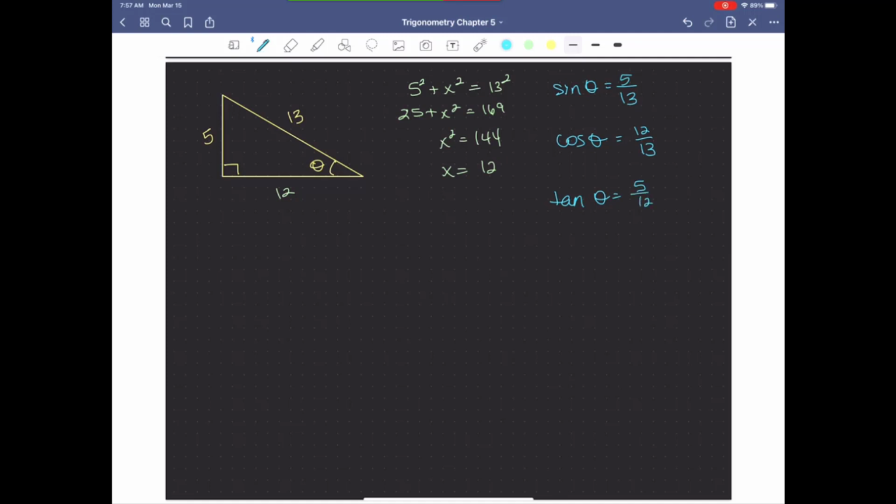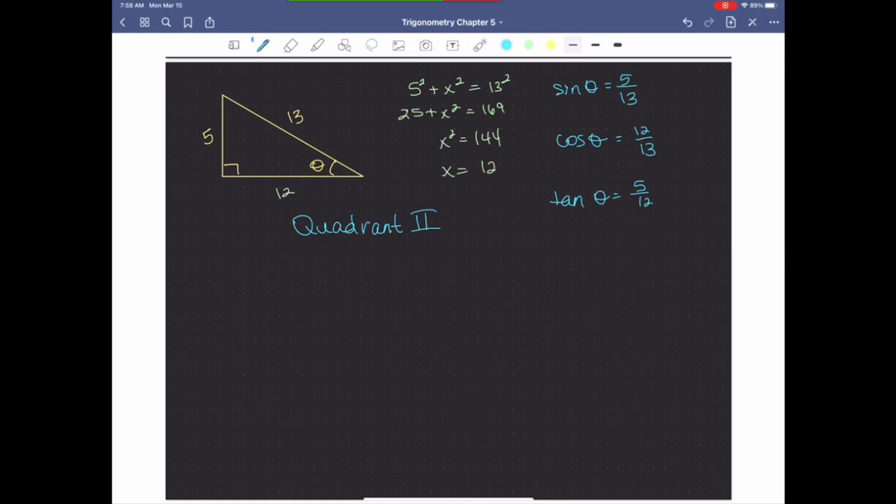So now I'm going to throw a monkey wrench in here. I'm going to say that our triangle is in quadrant 2. Is that going to change anything? If I put it in the second quadrant, wouldn't cosine be negative then?